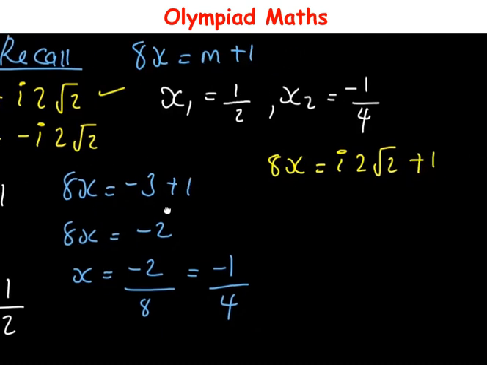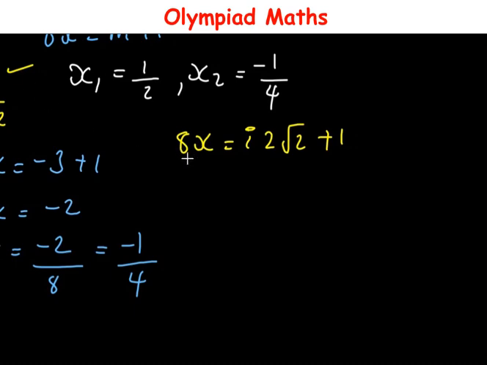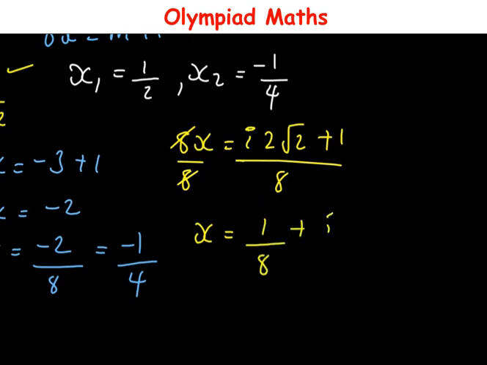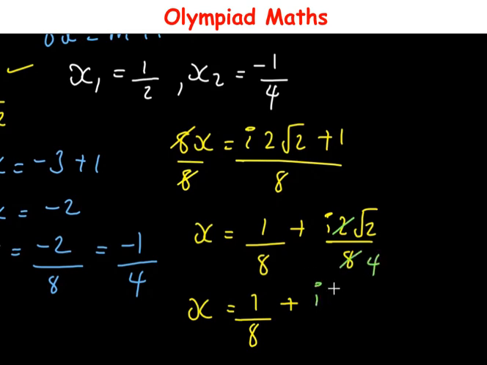To solve for the value of x, simply divide by 8 over 8. x is then equal to 1 over 8 plus i times 2 root 2 over 8. And from here, x is equal to 1 over 8 plus, with the 2, we divide 8, we have 4, so i times root 2 over 4. We have gotten the third solution for the value of x.